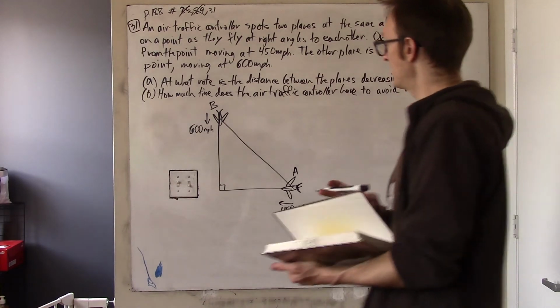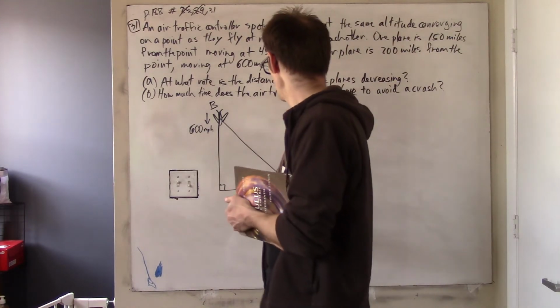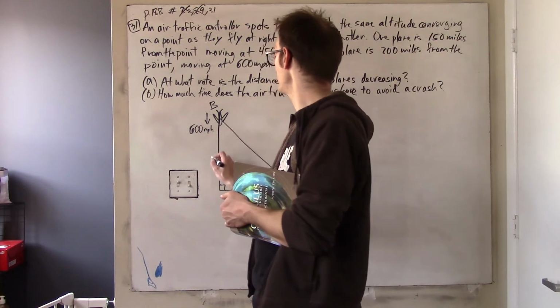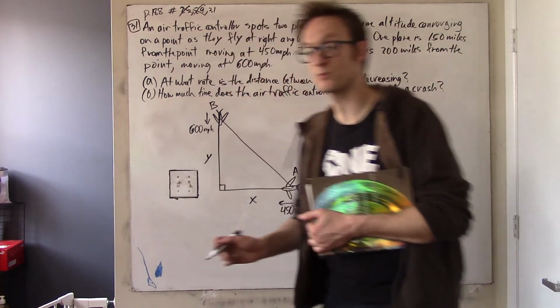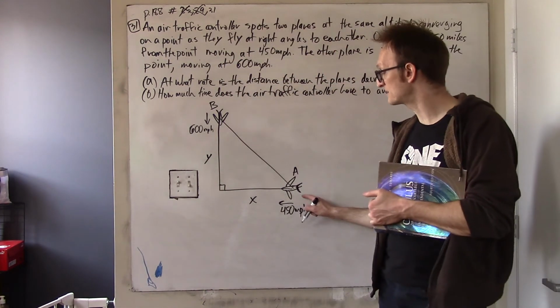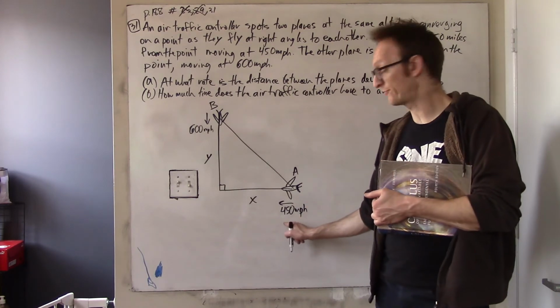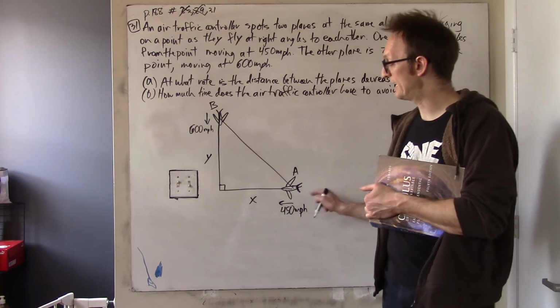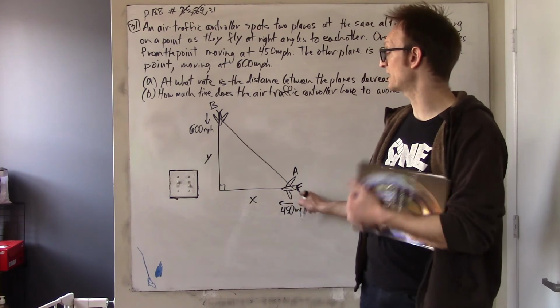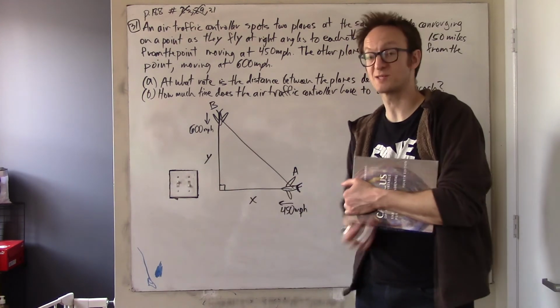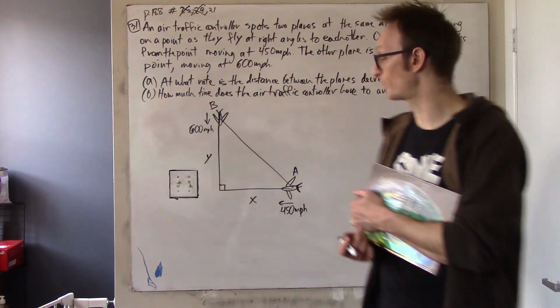Well, here it seems that the obvious thing to do is to let this be one variable and let this be another variable. Let x be the distance of the first plane, plane A, the one moving at 450 miles per hour, from the point at which their flight paths converge.